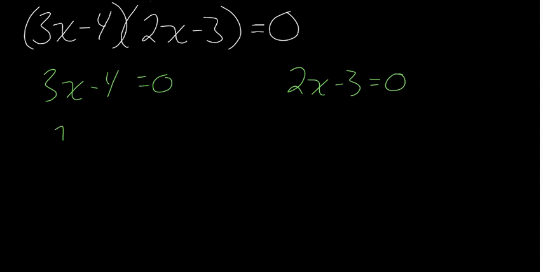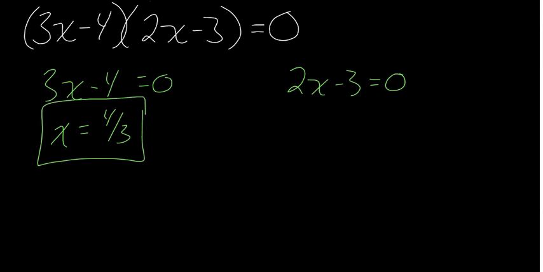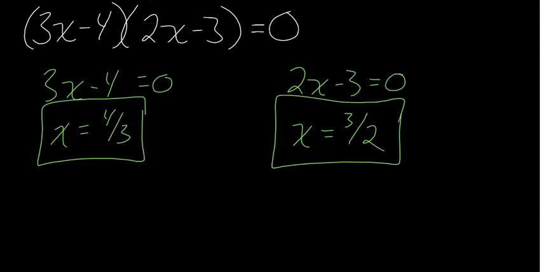So over here I add 4 divided by 3, x equals 4/3. Over here I add 3 divided by 2, x is equal to 3/2. And that's how we factor those kind of problems.